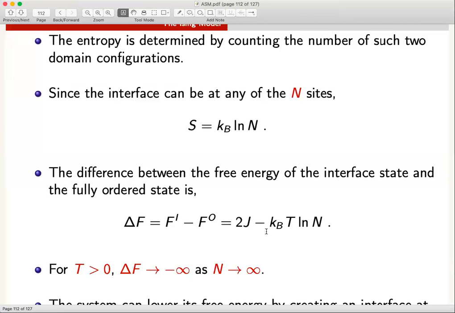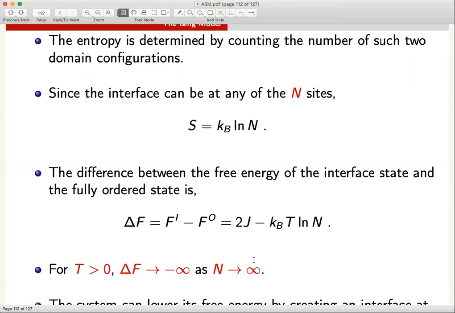J is some finite number, and this factor is always 2 times J. This number 2 is not going to change. We are looking at only a single interface, so this is a fixed number. But if the number of sites is large, the entropy is going to dominate, and therefore delta F is going to go to minus infinity.